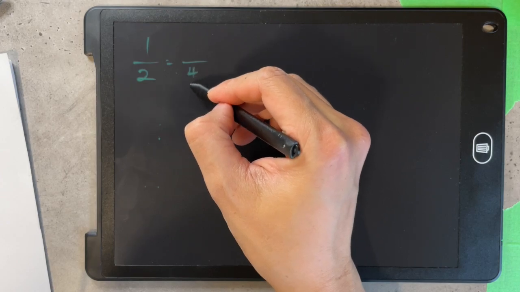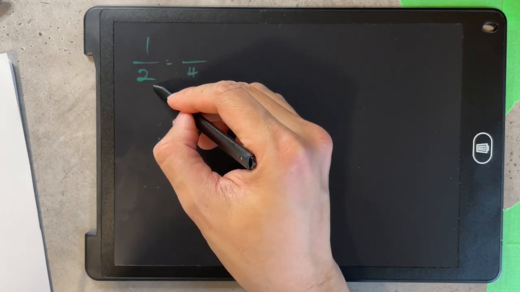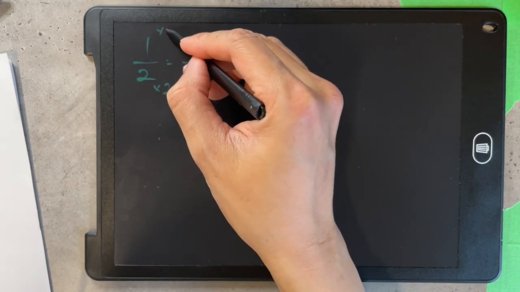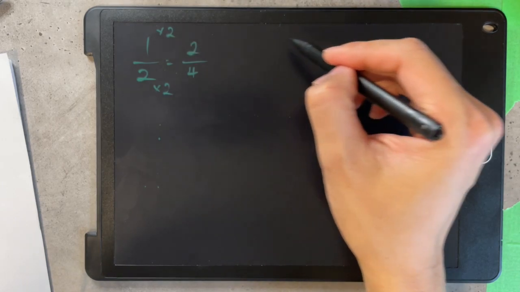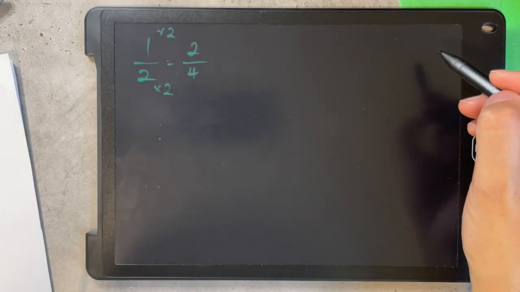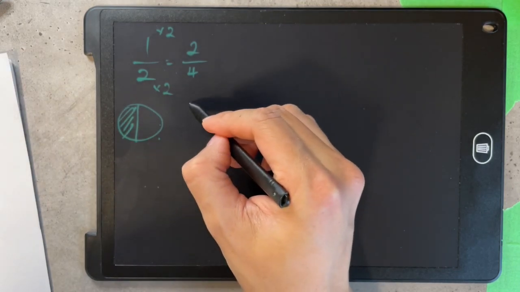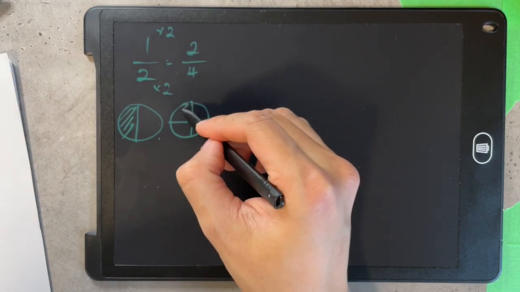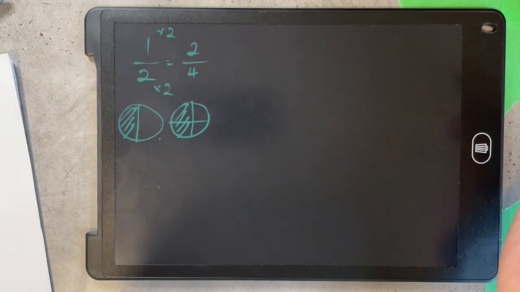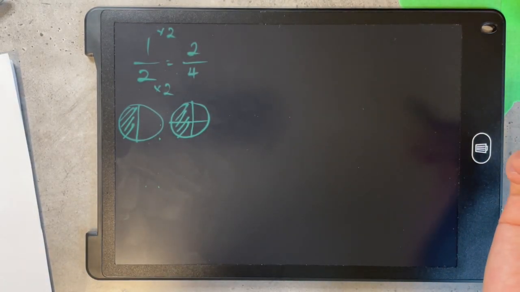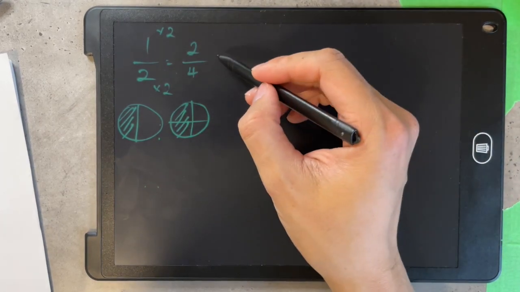So if I multiply 2 by 2 and 1 by 2, I get an equivalent fraction, 2 over 4. And it looks kind of like this. You just basically have more equal parts, but the total shaded area is the same.